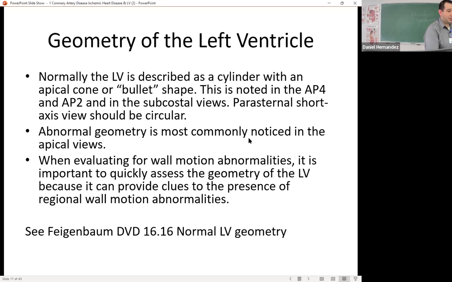Abnormal geometry is most commonly noticed in our apical views. When evaluating for wall motion abnormalities, it's important to quickly assess the geometry, the shape of the LV, because this can provide some clues to the presence of regional wall motion abnormalities.